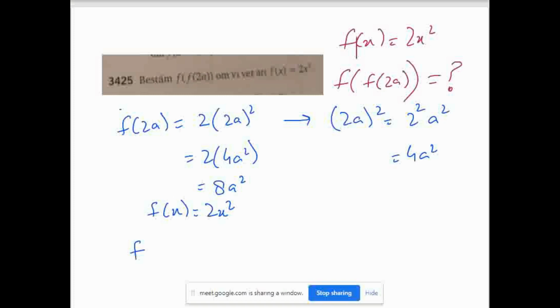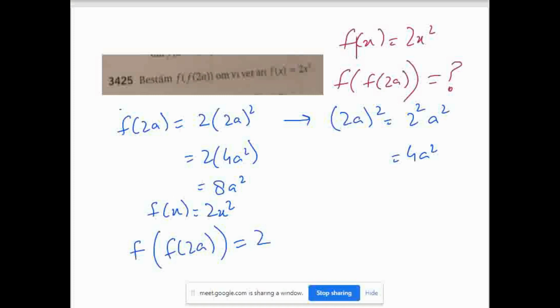Got it? Now if f of x is equals to 2x square, then f of f of 2a will be equals to what?